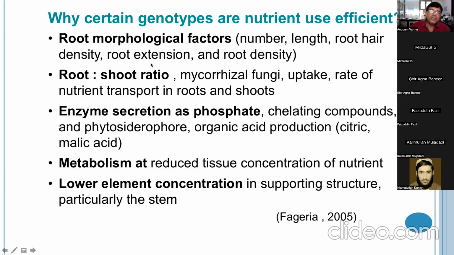Root density here means root length in centimeter per cubic centimeter of soil. Then the root to shoot ratio is also important. Certain crops and plants may have a higher root to shoot ratio. If your ratio is bigger, that means your roots are more efficient. Certain genotypes can have a better root system, better root to shoot ratio, and also mycorrhizal fungi.